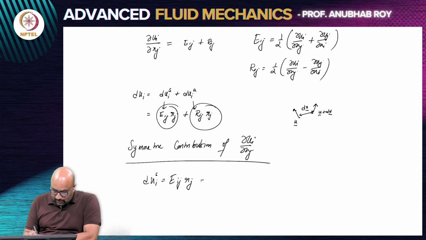Now I will exploit the fact that I have this velocity change written in terms of a displacement Rj. So it is in terms of some change in position Rj, and this will then be expressed.